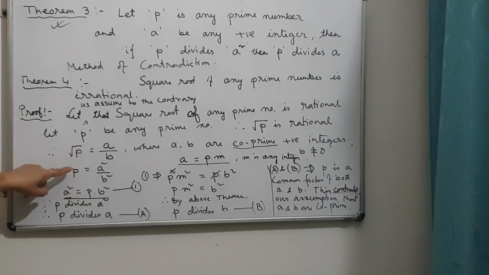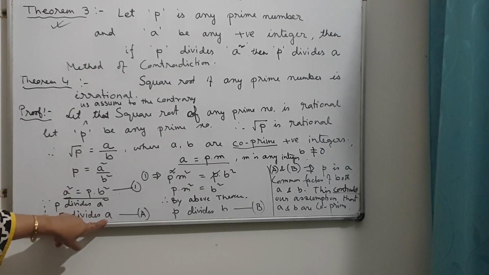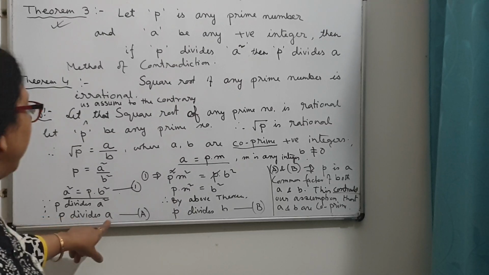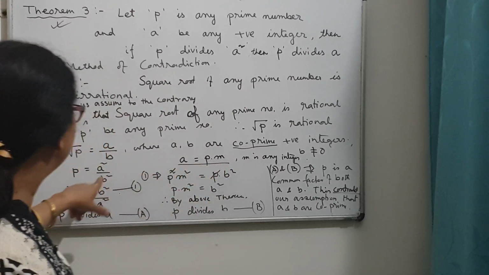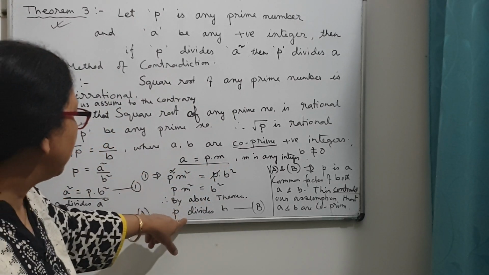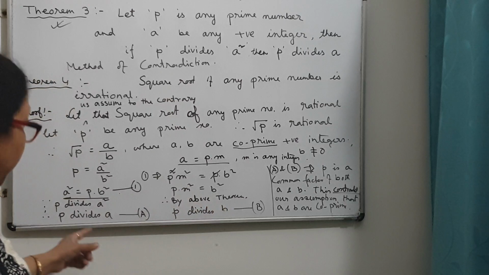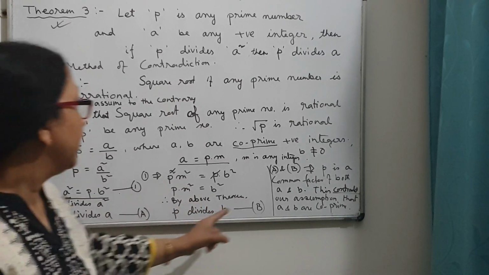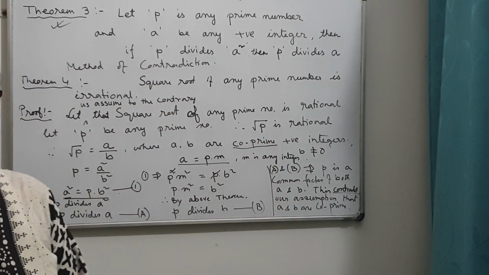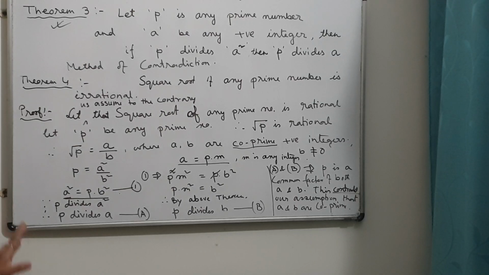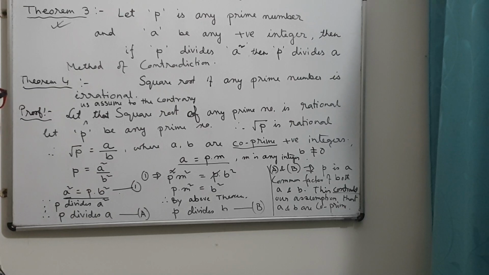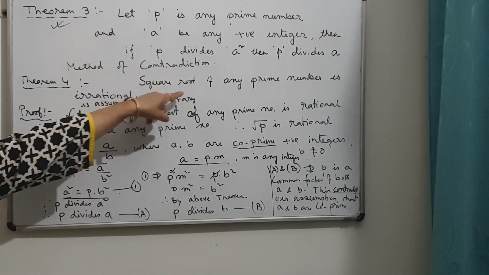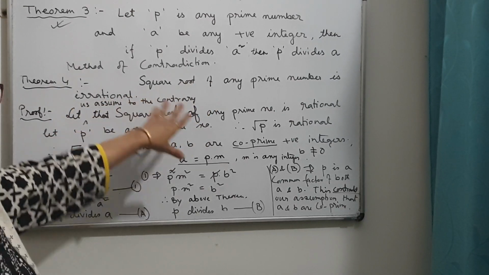Then by squaring we come to p divides a, that means p is a factor of a, and then putting a equal to pm in equation 1, we find that p is also a factor of b. So this contradicts our assumption, and we conclude that our assumption is wrong. This is the method of proving that the square root of any prime number is irrational.